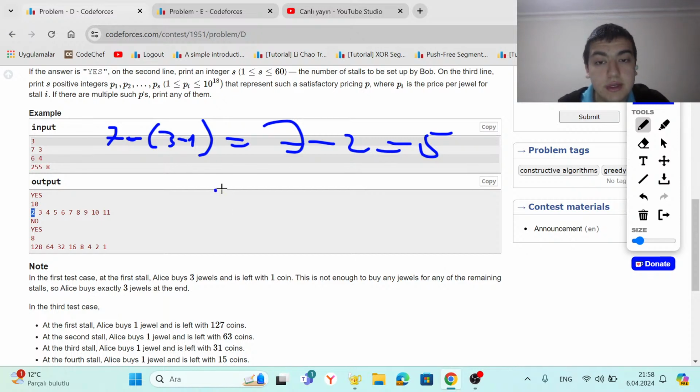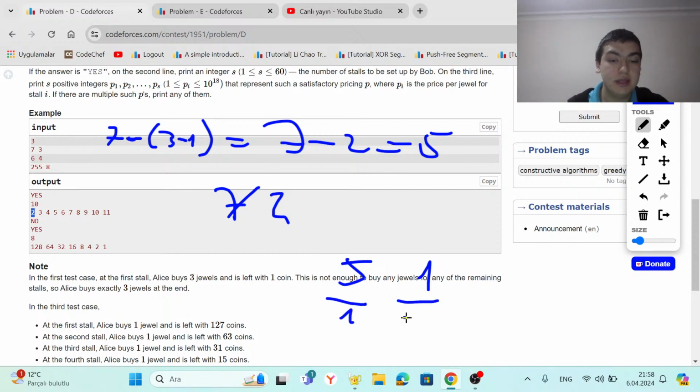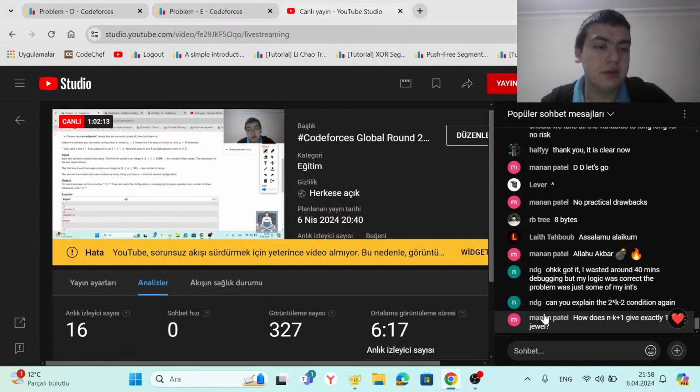And when you put 5 on the first stop and 1 on the second stop, you will buy 1 jewel in the first stop and the cost will be 2, and you will buy 2 jewelries in the second stop, so that here you have 1 and here you have 2. In total you have 3 jewelries. Do you understand?